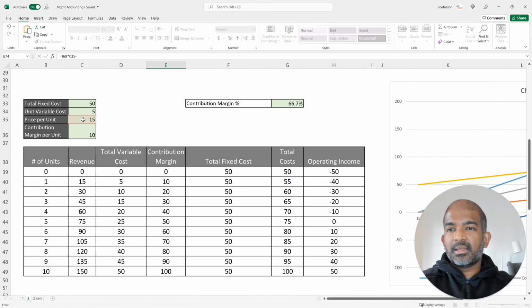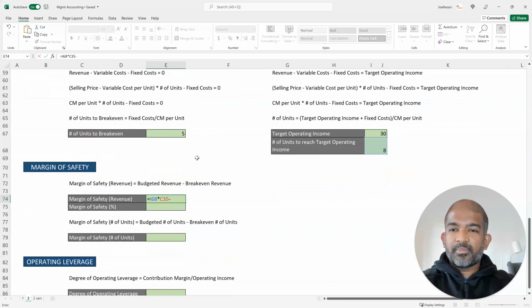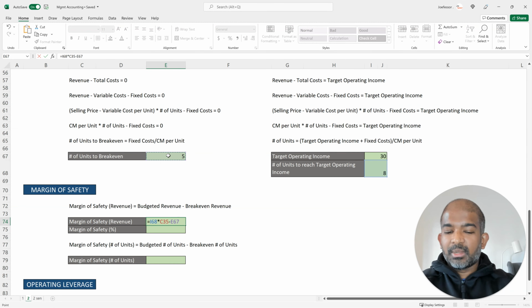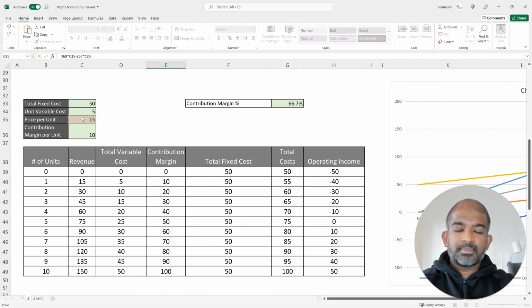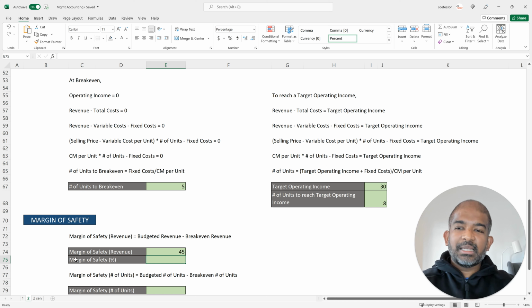And from that, you subtract your break-even revenue. How much is your break-even revenue? The number of units you sell at break-even, which is 5, multiplied by, again, the price per unit. So the margin of safety in terms of revenue is $45. So what does this number represent? Your revenue is $45 above the break-even point, or above a position where you could potentially lose money.